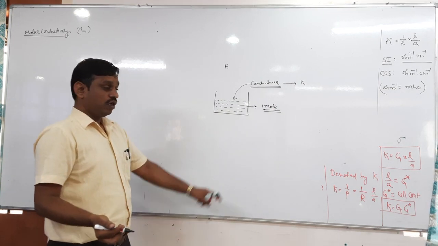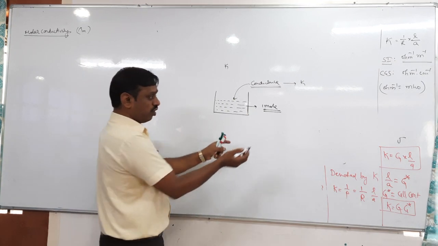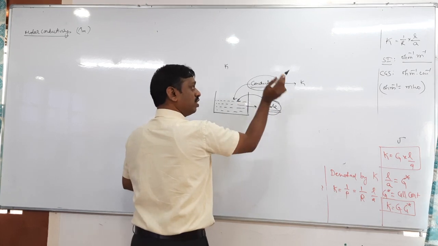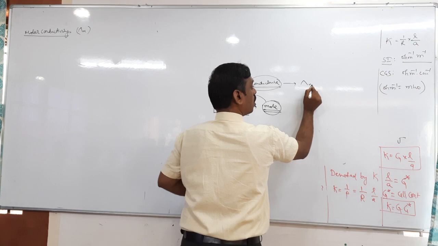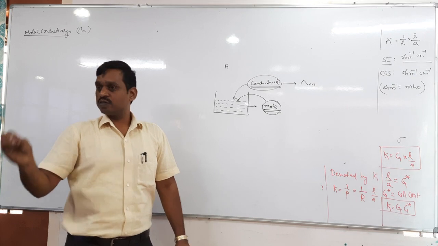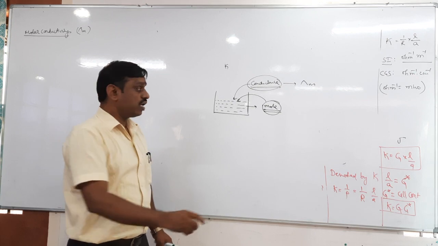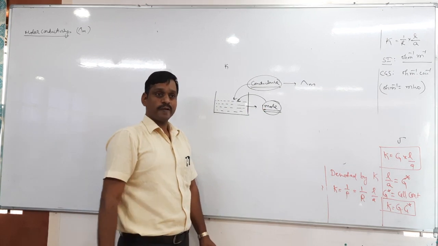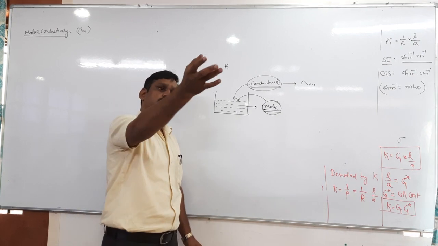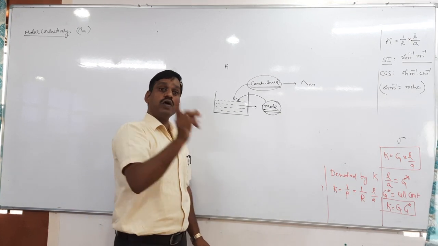So take 1 mole of electrolyte dissolved here and you will get the conductance. That conductance is called molar conductance. It means the conductance of an electrolyte solution containing 1 mole of electrolyte in a given volume. The volume is not fixed. The volume may be 1 ml, 1000 ml, 1 liter, 2 liter. The volume may change. But what should be the same?